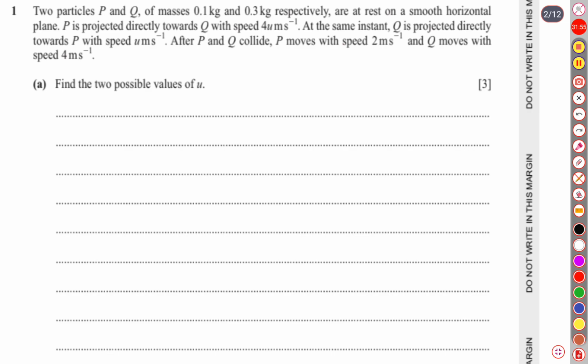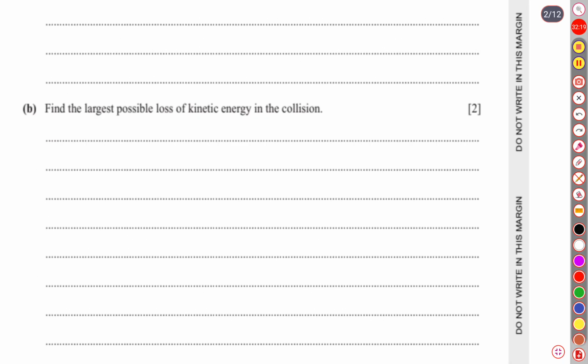Our today's topic is loss of kinetic energy. So for loss of kinetic energy, initial and final velocities are the components, and from question A we have got, we have solved it in another session actually, the value of u is 14 meter per second. So let's start our solution with this one.